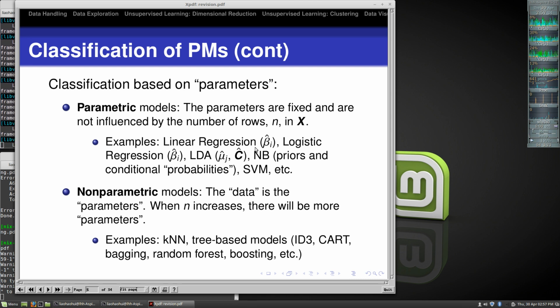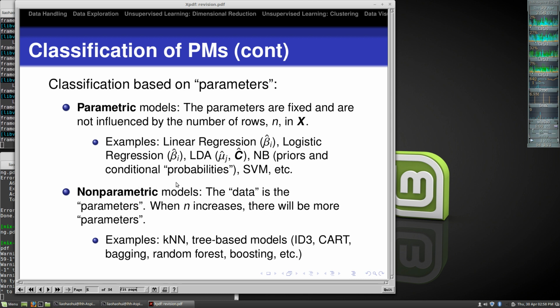Examples like linear regression is a parametric model, because we actually have all the betas. Logistic regression also has all the betas, and linear discriminant analysis also has all these average means, the covariance matrix.